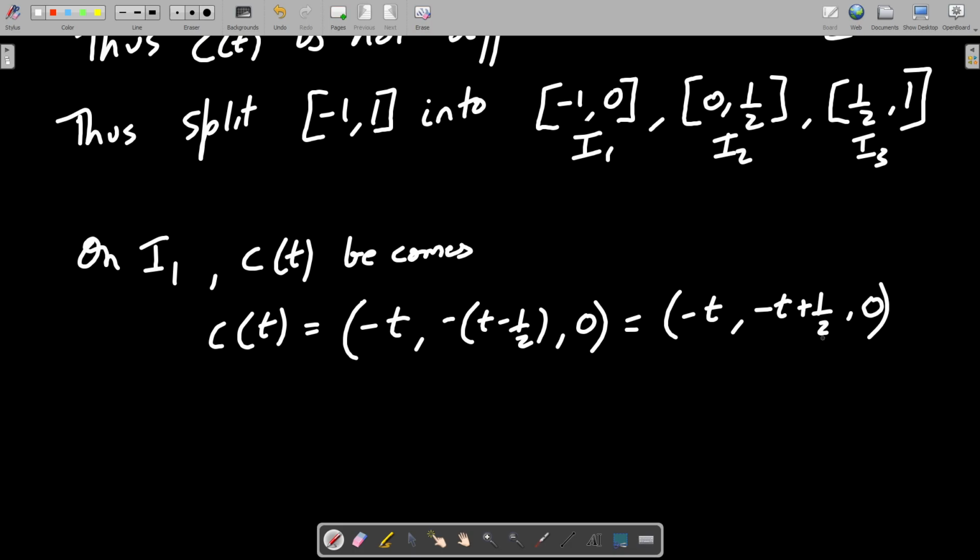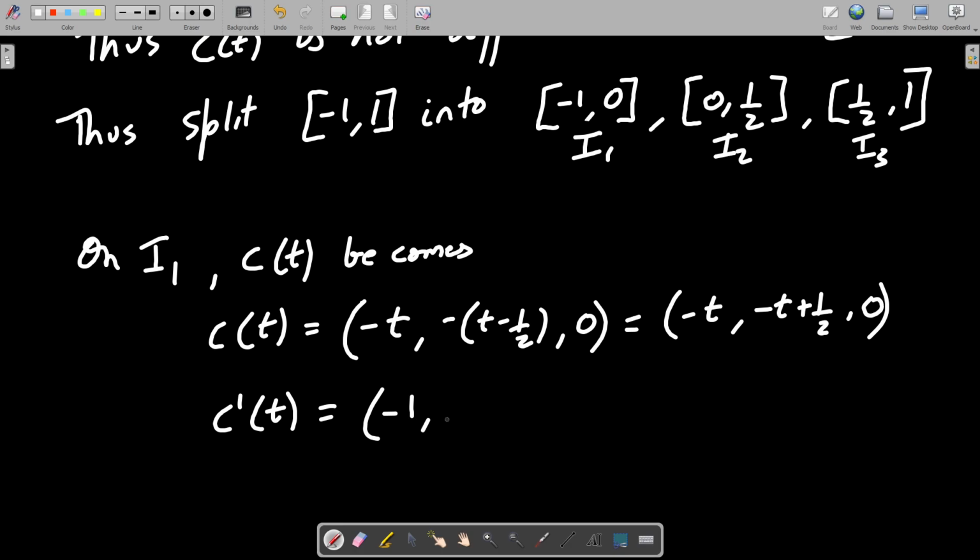For this, the numbers will be negative over here. Since t is negative, modulus of t becomes minus t, right? That's what I've done. And here also t minus half will be a negative number if t is less than 0, right? So I've written minus of that quantity. So that simplifies to this. Now what is c prime of t?